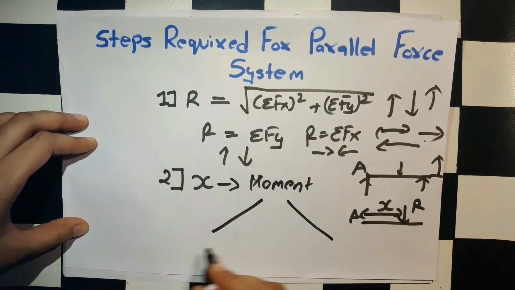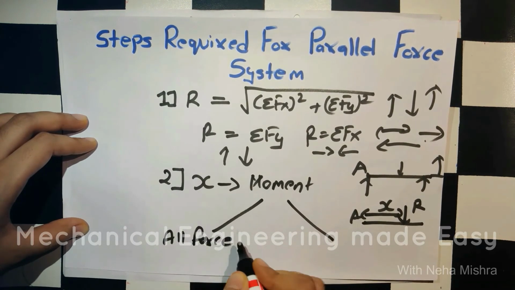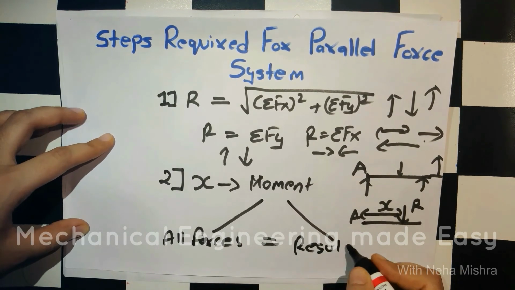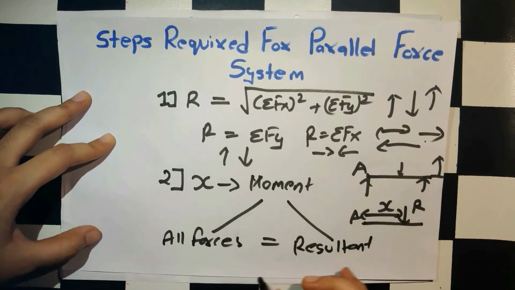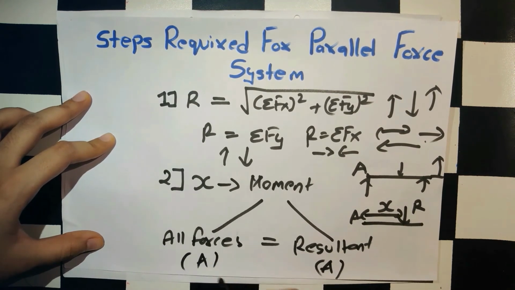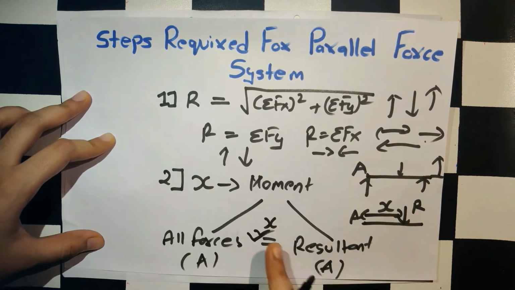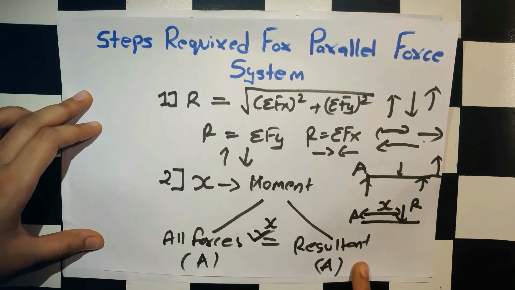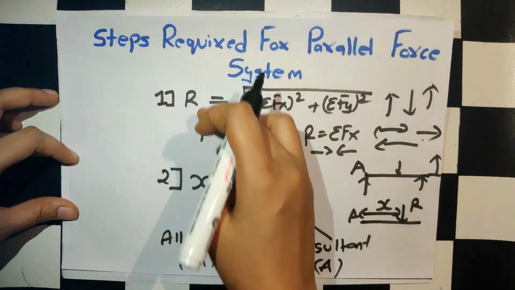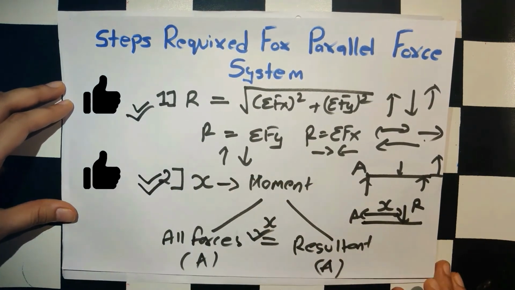By equating the moment of all the forces with the moment of the resultant force about the same point, and then you can find x, as only x is unknown in these two equations. Understood guys? See how easy it was. By just taking these steps you found out R and you found out x.